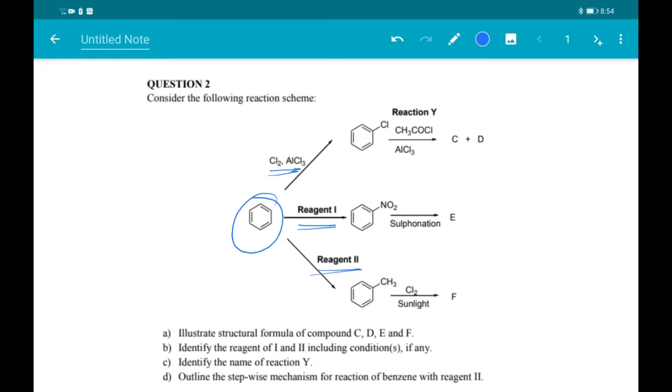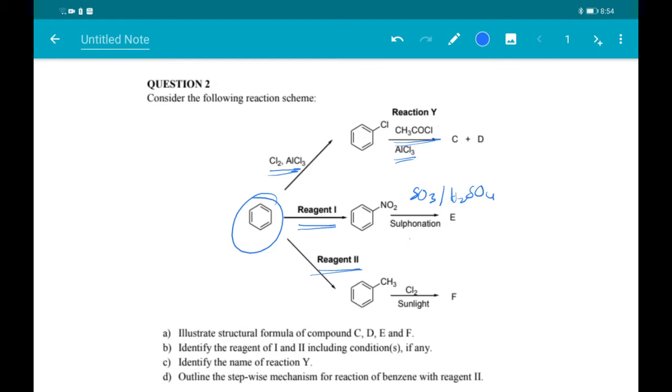After the initial reaction, it is followed up by the second reaction. For this one, we react it with reaction Y, which comprises CH3COCl and also AlCl3. For this one, we are using sulfonation. Just to recap, sulfonation is one of the electrophilic substitution reactions, which uses SO3 and sulfuric acid as the catalyst.